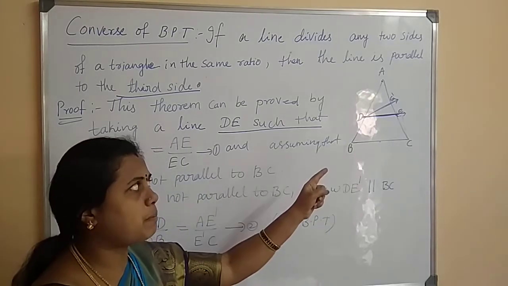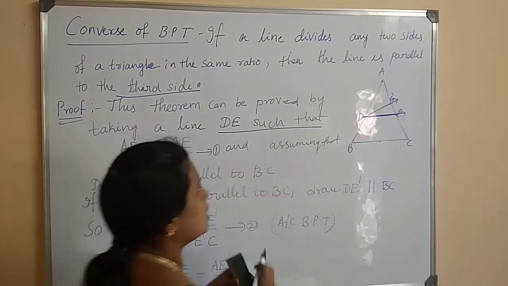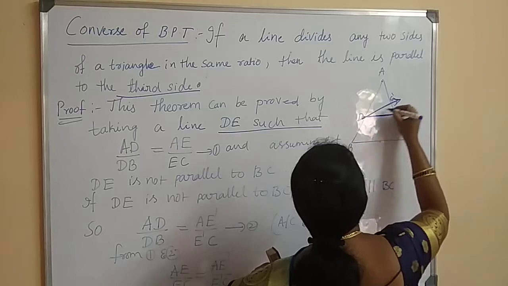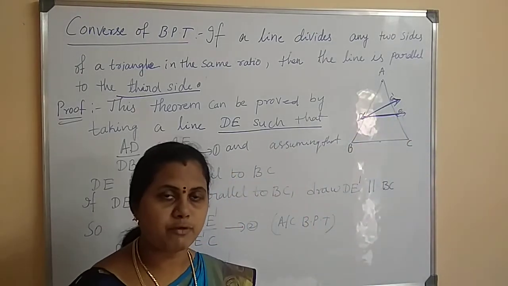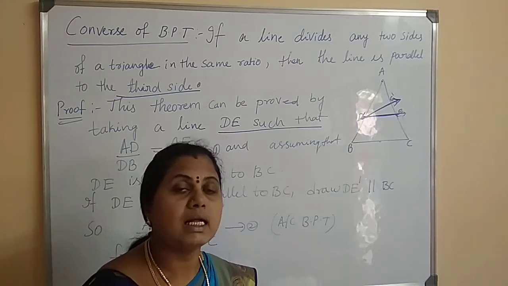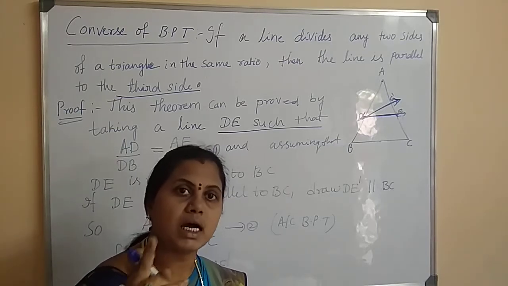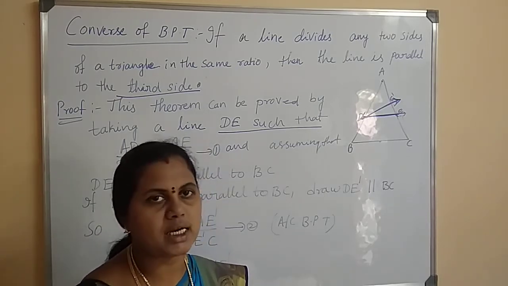Then if DE is not parallel to BC, you have to consider a line DE dash which is parallel to BC. If you draw a line parallel to one side of a triangle, then that line divides the other two sides in the same ratio, according to the basic proportionality theorem.